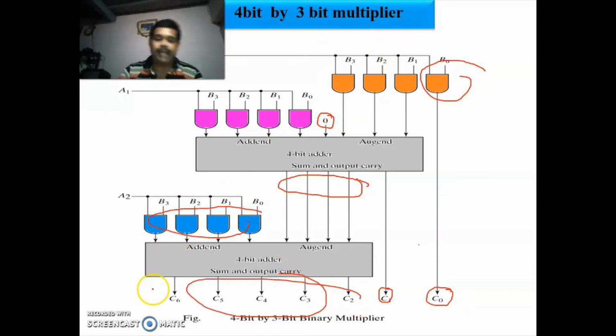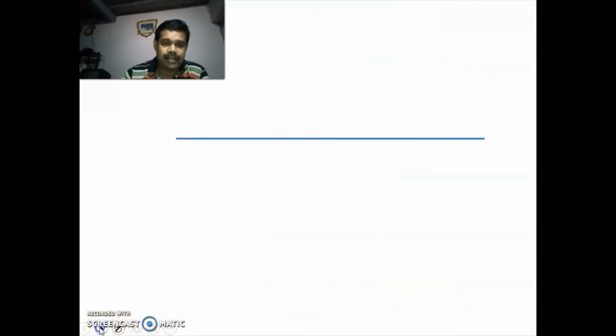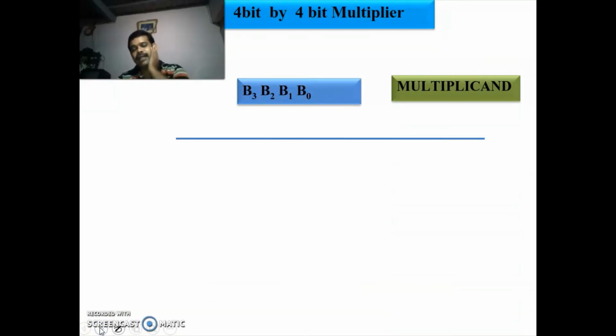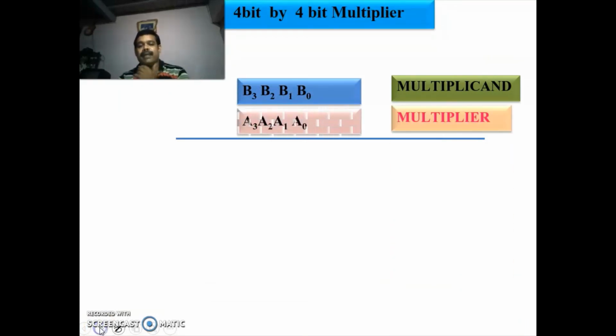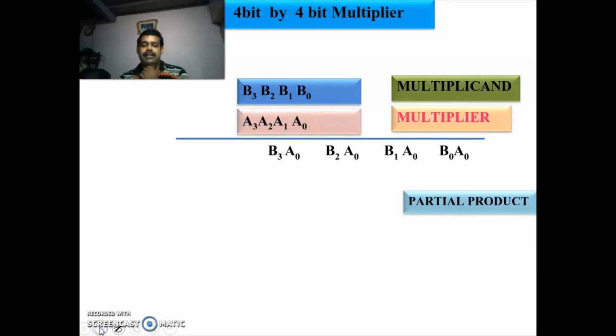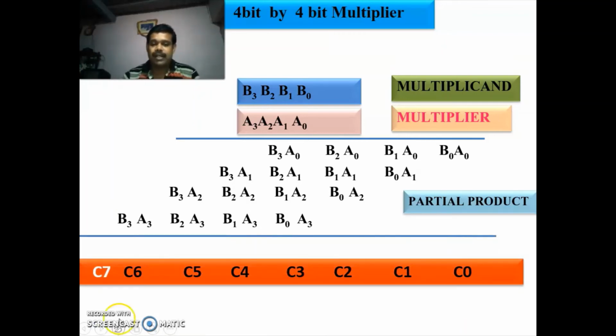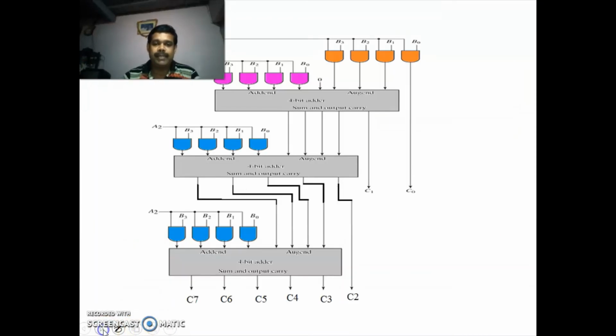So this is the 4-bit by 3-bit multiplier. Similarly, next one is the 4-bit by 4-bit multiplier. Here we are taking the multiplicand as 4 bits and the multiplier as 4 bits, and these are the partial products. Here also you will get 8 bits in the product, and this is the circuit.